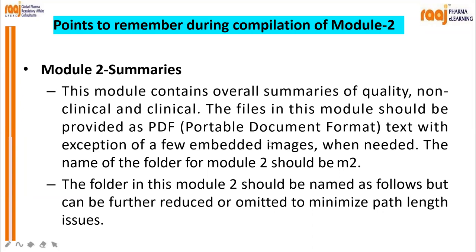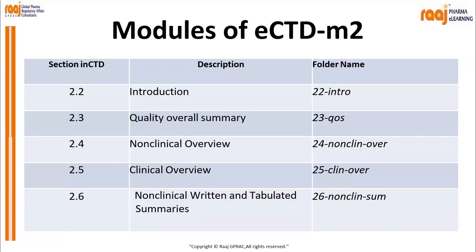You can see the PDF text with the exception of few embedded images, and the name of the folder for module 2 should be M2, and this module 2 should be named as follows but can be further reduced or omitted to minimize path length.